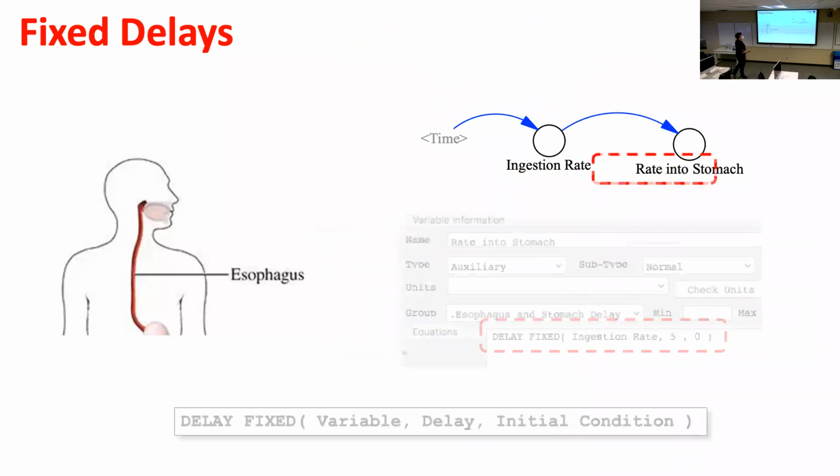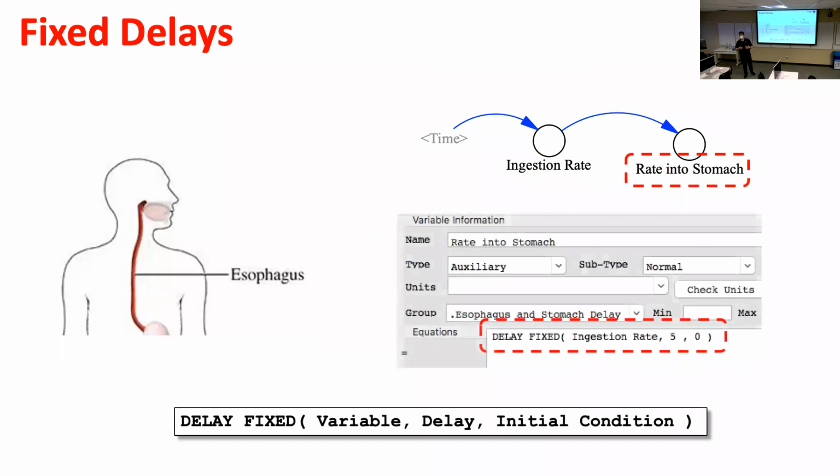So then I have to go over to rate in the stomach. And this is where we implement the delay. And so I'm going to just say that the food enters the stomach, matching however it entered the throat, but delayed by 5 seconds. And that's what this delay fixed command is in Vensim. So right in the equations, you do delay fixed, you do the variable that you want to be the source, like, what it's going to match.